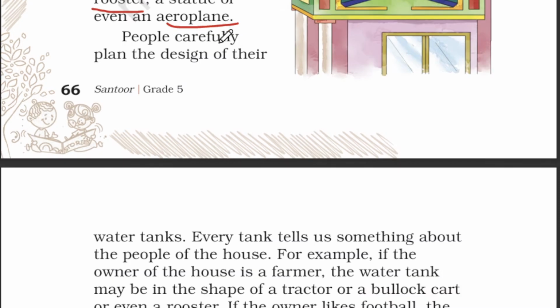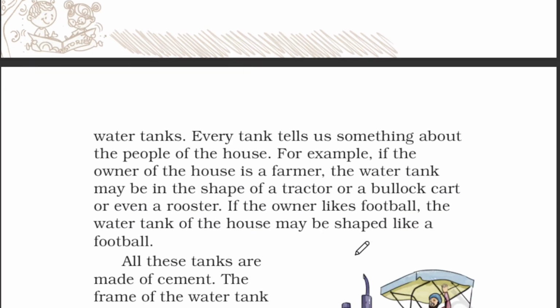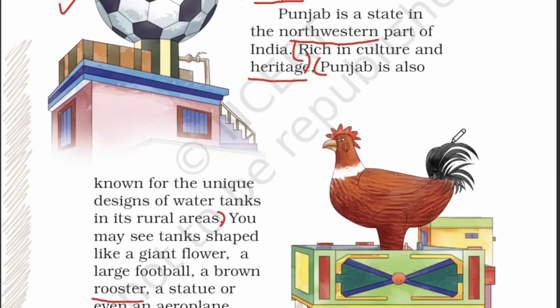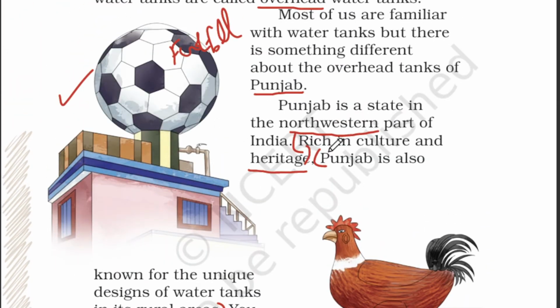People carefully plan the design of their water tank. Every tank tells us something about the people of the house. For example, here we have a football. Maybe a person inside this house likes to play football, or is a football player.